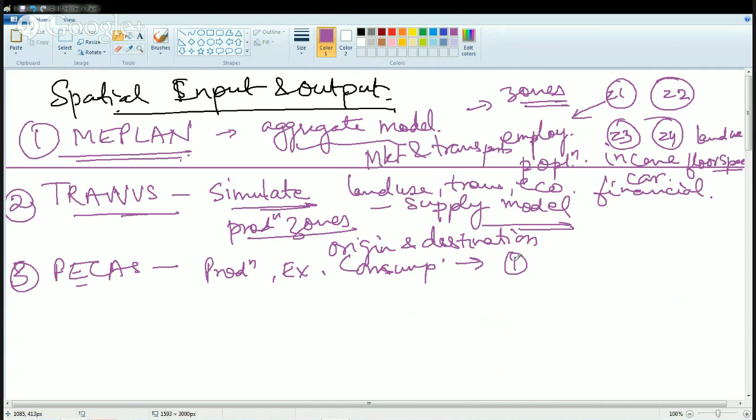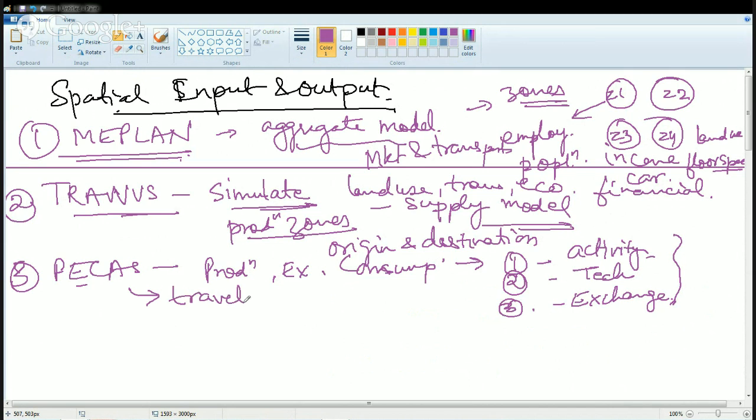It has 3 levels. So level 1 talks about activity location. Level 2 talks about technical options. Level 3 talks about exchange options. Both of these are space development modules. They try to simulate the changes in various developmental stages, and it basically predicts the travel conditions in a region.